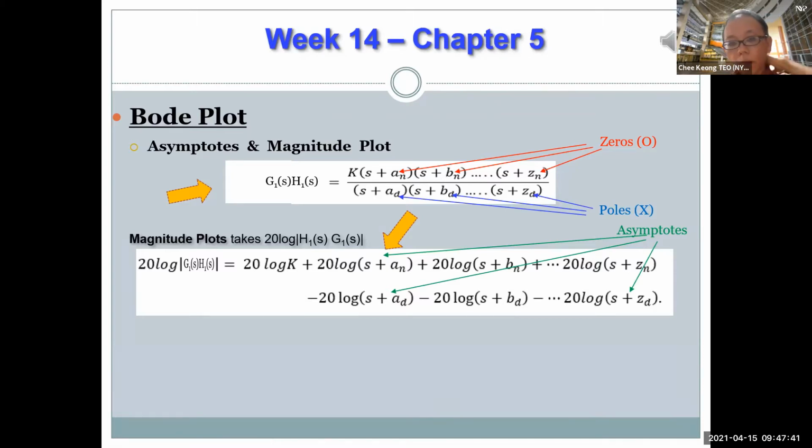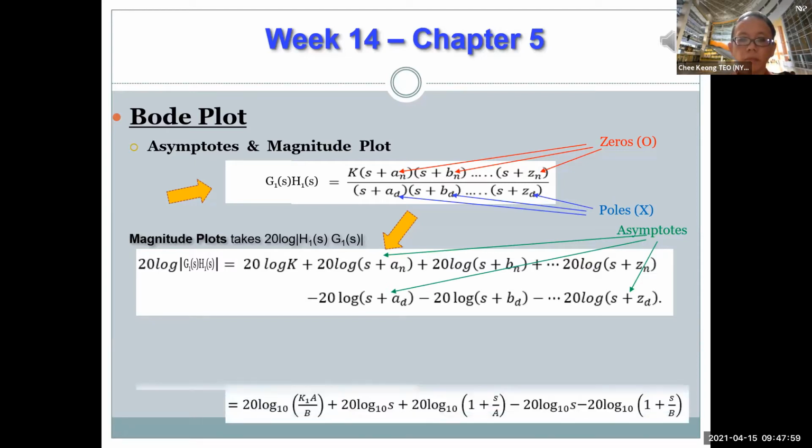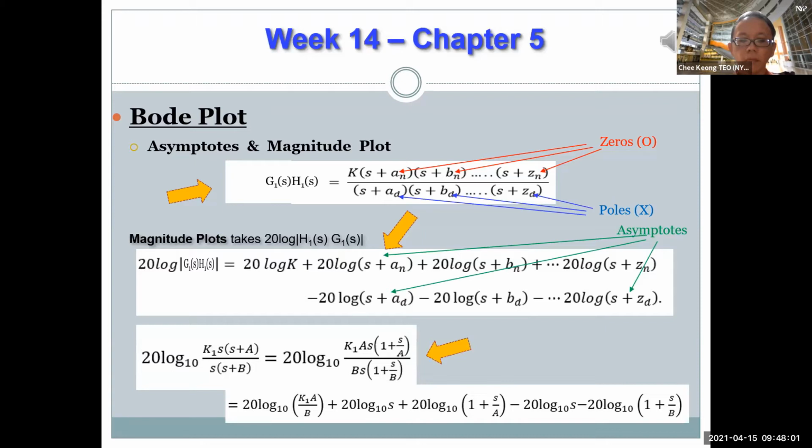By the nature of the logarithmic function, any terms that multiply together will become addition, and all the terms that divide will become subtraction. In general, all the asymptotes at the numerator will add and all the asymptotes at the denominator will subtract. An example is given below to illustrate the effect of 20 log on the asymptotes.